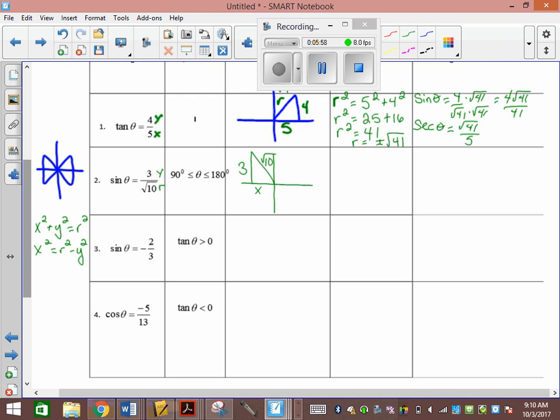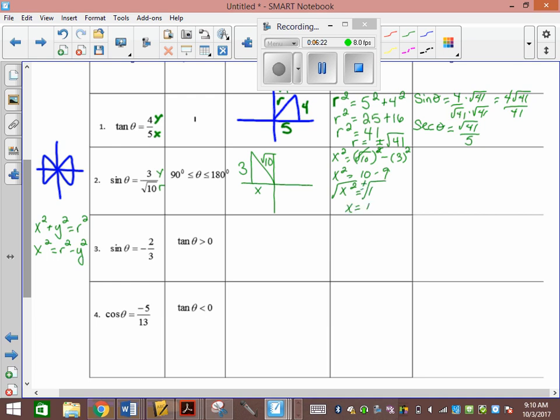So I'm going to do x squared equals r squared, which is fantastic, because the square cancels the square root, minus y squared, minus 3 squared. So x squared equals 10 minus 9, x squared equals 1, square root. We take the square root, we take the positive and negative.